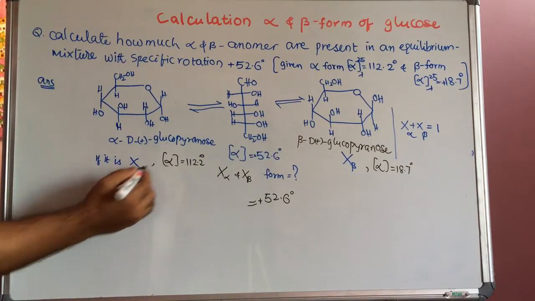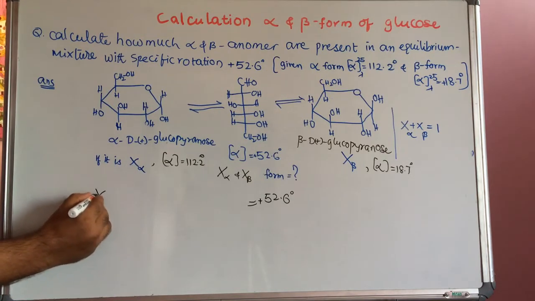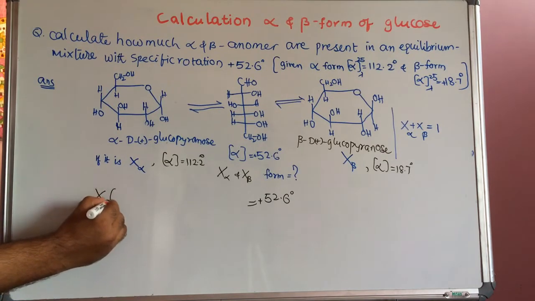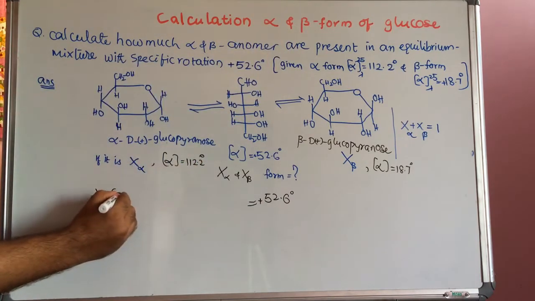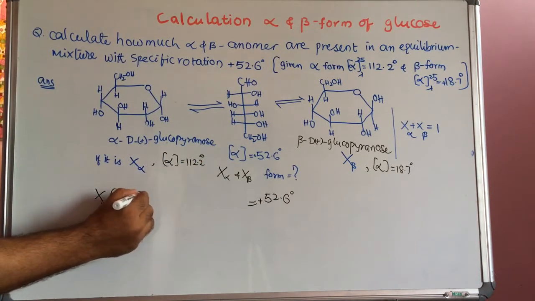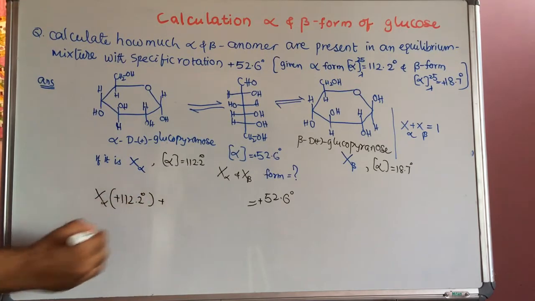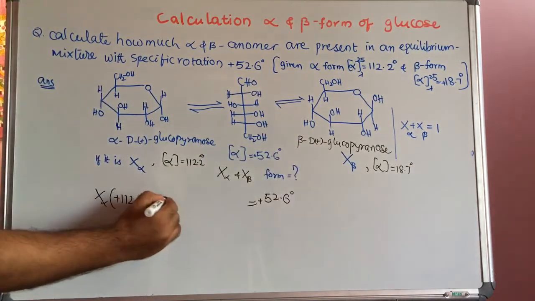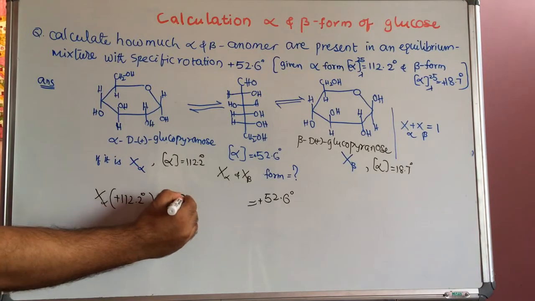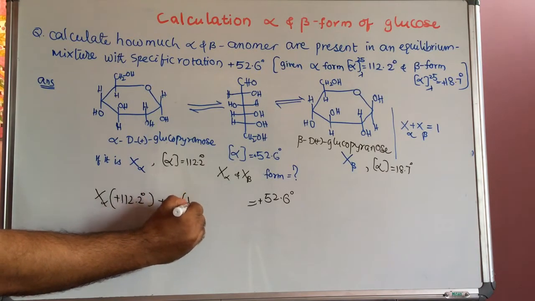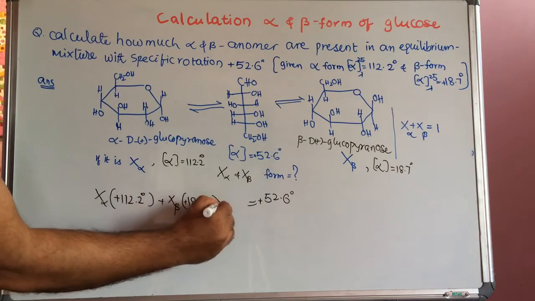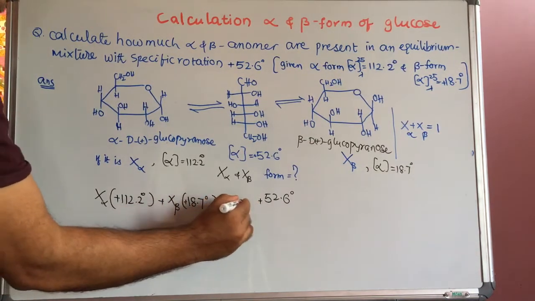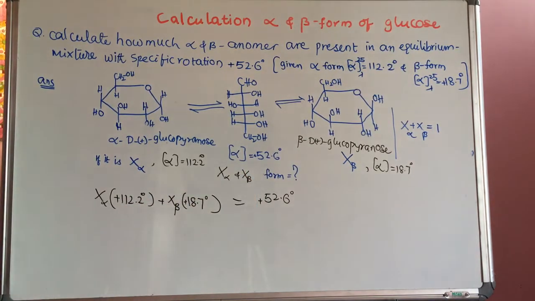So now: mole fraction of alpha into plus 112.2, plus mole fraction of beta into 18.7 degree, which is also plus, equal to 52.6.